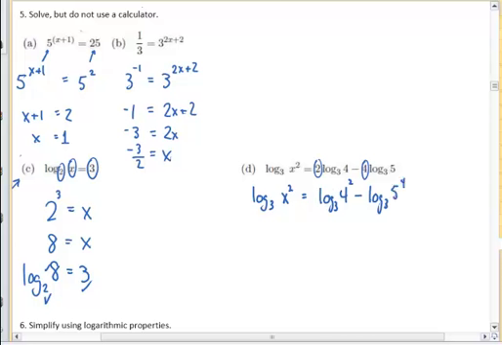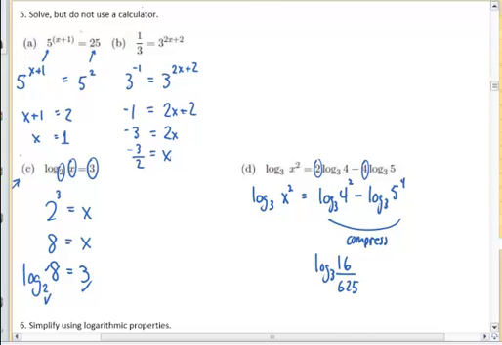Now I'm going to compress these logarithms on this side. So I'm going to have log base 3 of 16, that's what 4 squared is, divided by 5 to the 4th, which is 625.